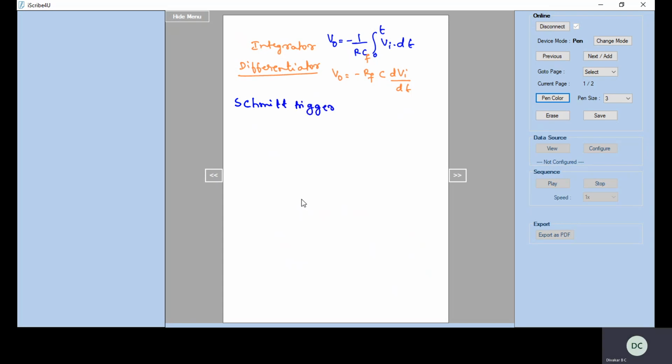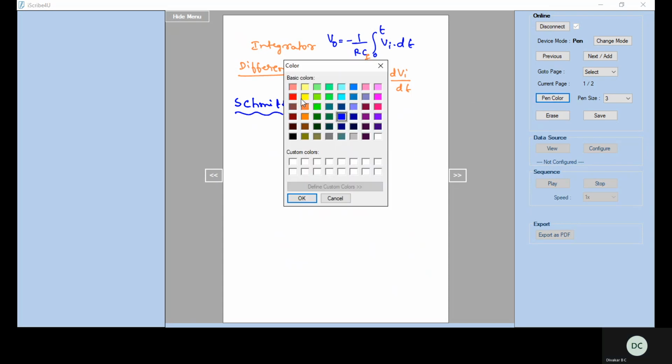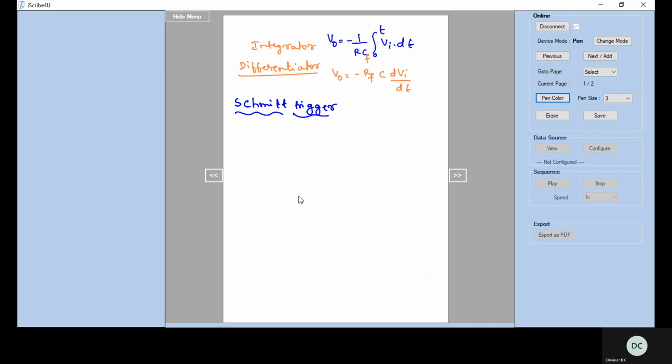So let us take the design steps in the Schmitt trigger. First, we need to make the assumption I2 very much greater than IB max. The IB is the input bias current defined as the average sum of the currents entering into the input terminals of an op amp.